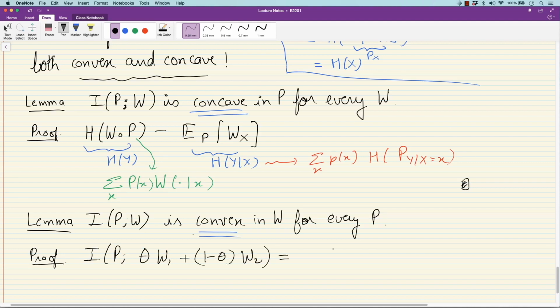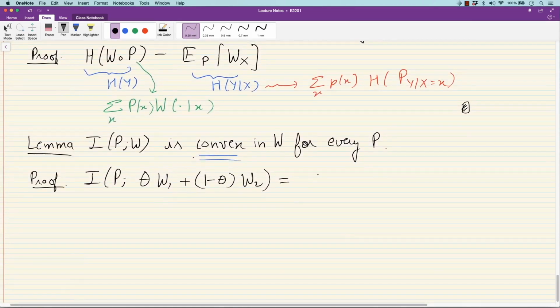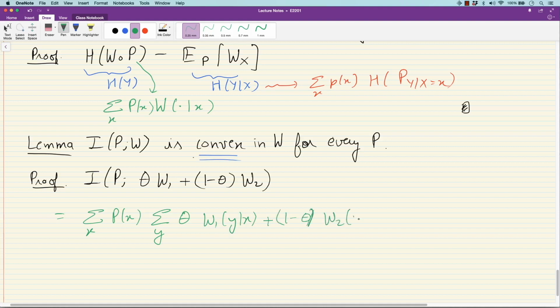Once again we use the log sum inequality, and we notice that this is the summation over x of P(x), then the summation over y of theta W1(y|x) plus (1 minus theta) W2(y|x). I'm just expanding the formula for mutual information.